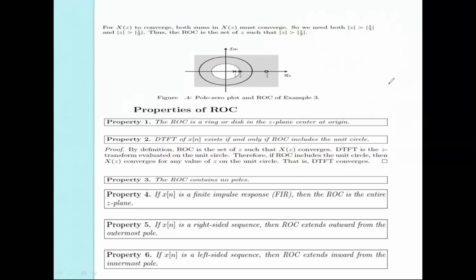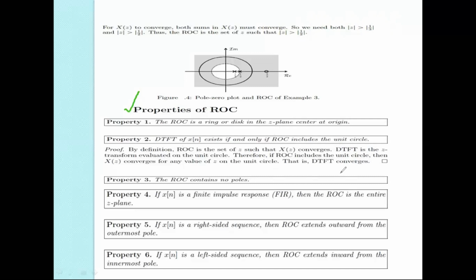Now, the properties of ROC. Remember and listen carefully, my dear students. In part A and part B you have to write some questions. Definitely these are the properties of the ROC of the Z transform and of the Laplace transform.